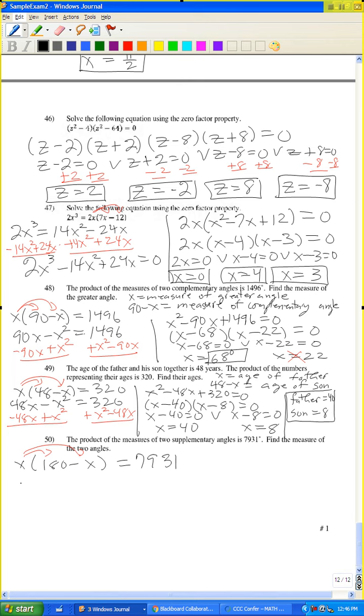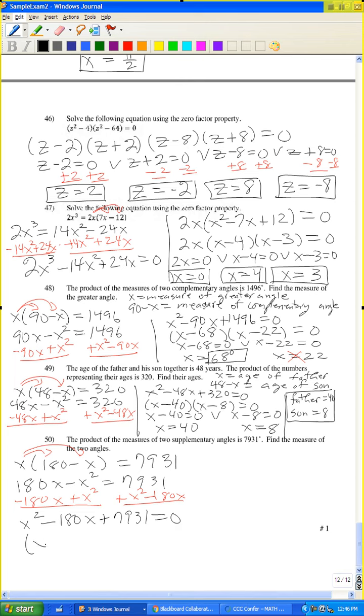And so you get 180X minus X squared is 7931. Let's subtract 180X, add X squared to both sides of my equation. So you get X squared minus 180X plus 7931 is 0.